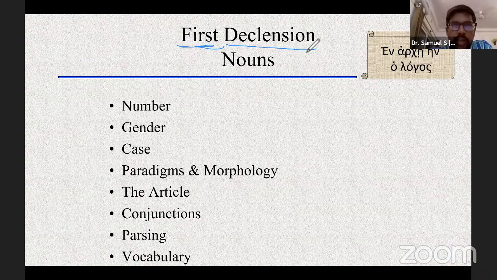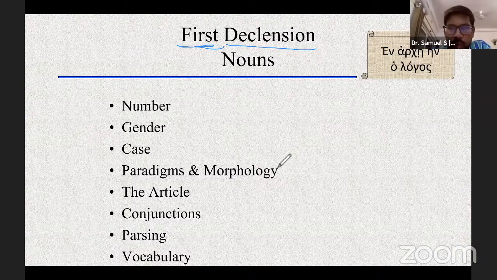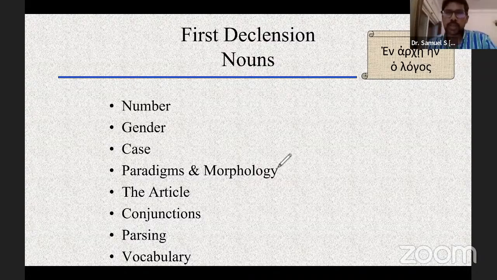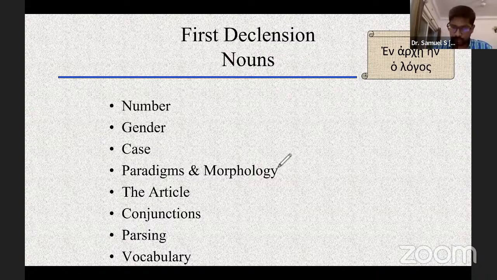So going back to this idea of the grammar translate method, where we try to learn the language by looking at grammatical constructs. How do we now recognize words and their meaning in a new language? That's the effort, right? And in grammar, there is this thing called parts of speech.